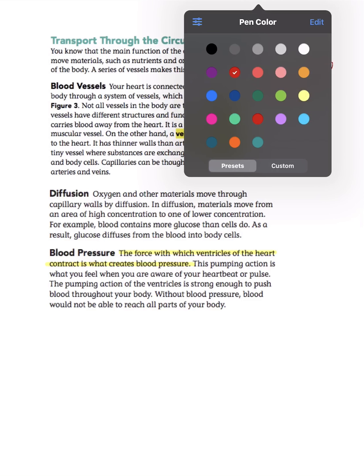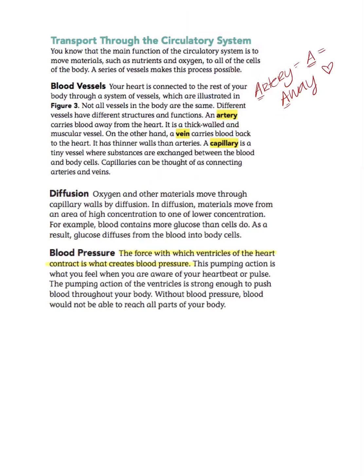A vein, I don't have any fancy tricks to remember this one, but a vein takes blood toward the heart. If you can think of something with that, please let me know. These veins are floppier, flimsier.